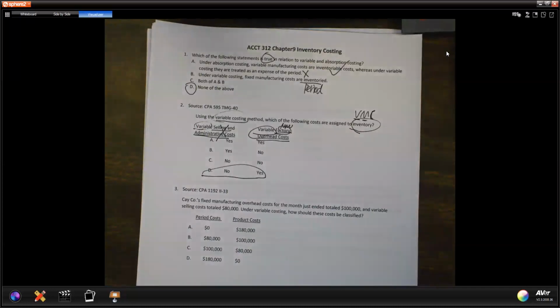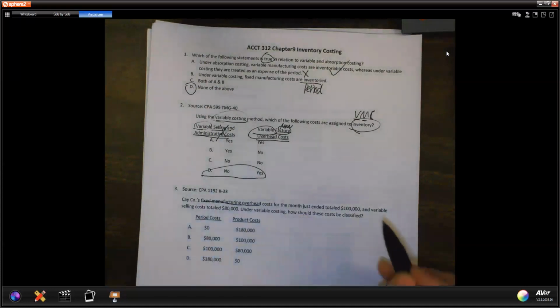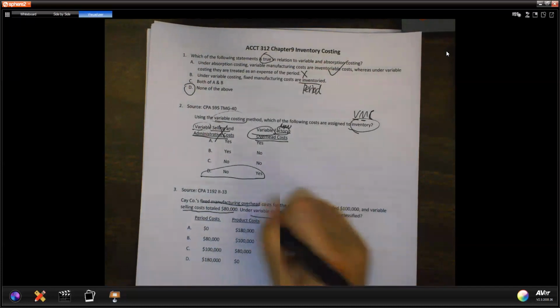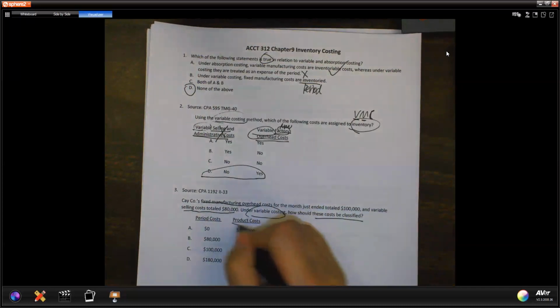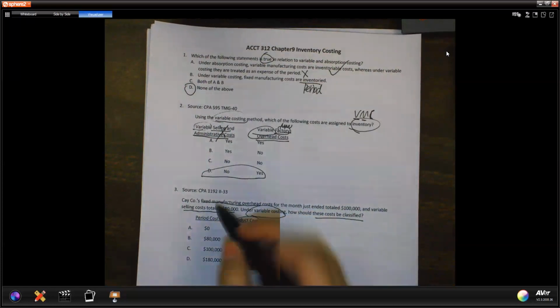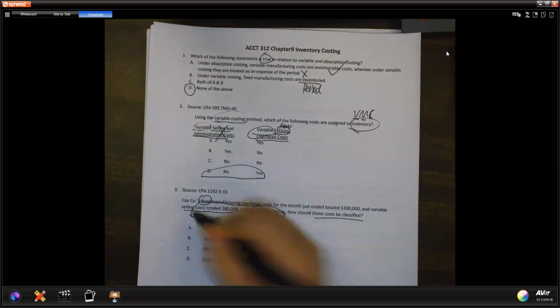The third one, talking about the fixed manufacturing overhead and a variable selling expense. Under variable costing, how should these costs be classified? We said under variable costing, the product cost is only your variable manufacturing costs. But this is fixed, so this should be period cost, right?